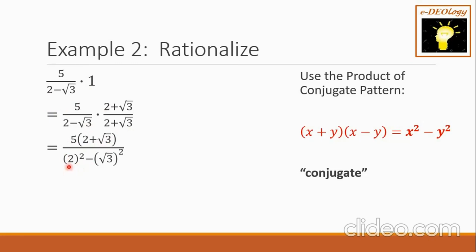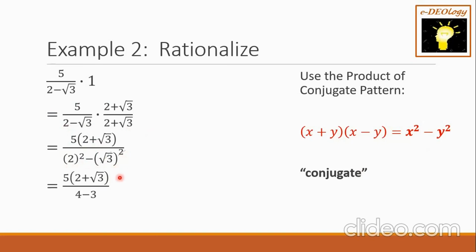In the denominator, we're going to apply now our special product. So the first term 2 is now copied and then raised to 2. Then minus, the square root of 3 is copied and also raised to 2.